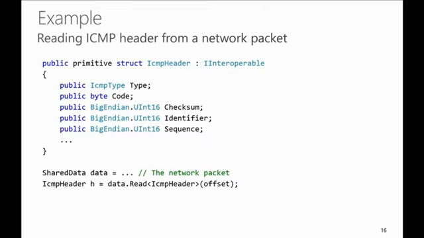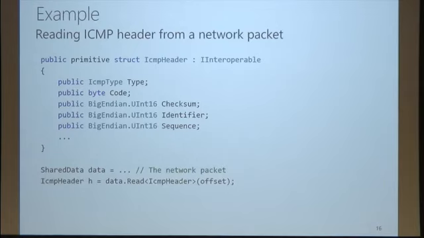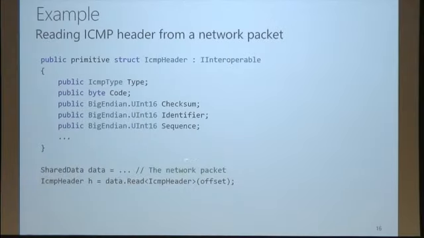Usually the T is relatively small, so in the average case I can probably find it in a contiguous segment, so I optimize that case. But what if T is large or the segmentation is terrible and it's not in one contiguous segment? In the shared data case, the implementation actually does a copy behind the scenes to give you the contiguous view and then reads the header.